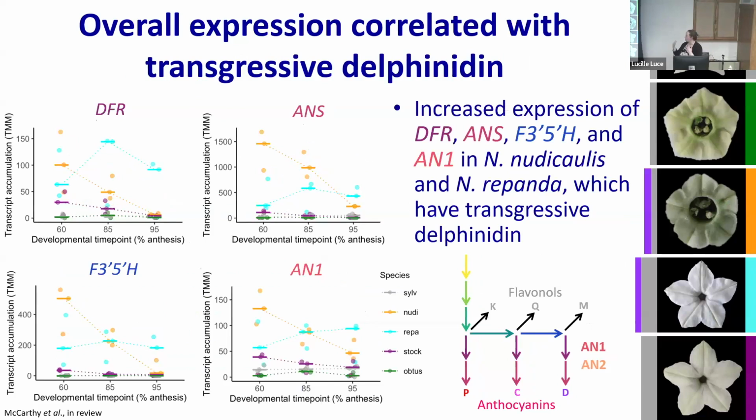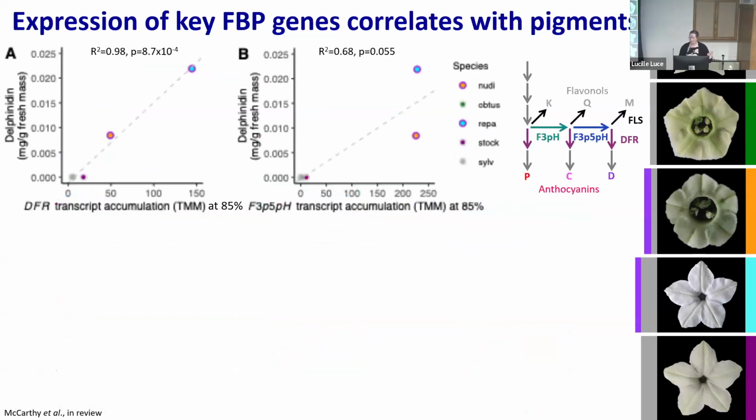We also see really nice correlation between increased expression of anthocyanin-based genes, so at the bottom of the pathway, or the transcription factors involved in the two species, the orange one and the cyan one, that produce that transgressive delphinidin. So it looks like we have really good correlation between the transcript differences and our pigment differences in this story, which we can see here, right?